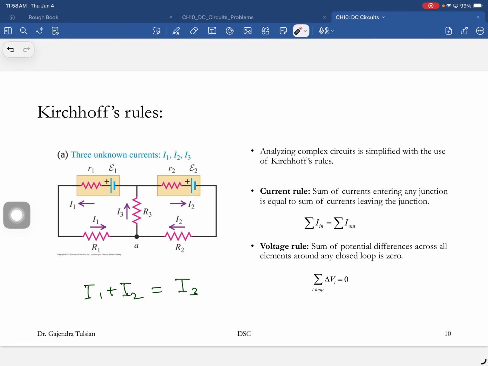So if you go against the current, the change in voltage is positive, because you're going from lower to higher voltage. And when you're going with the current, you're going from high to low voltage, so the change in voltage is negative. You have to be aware of the sign of that.